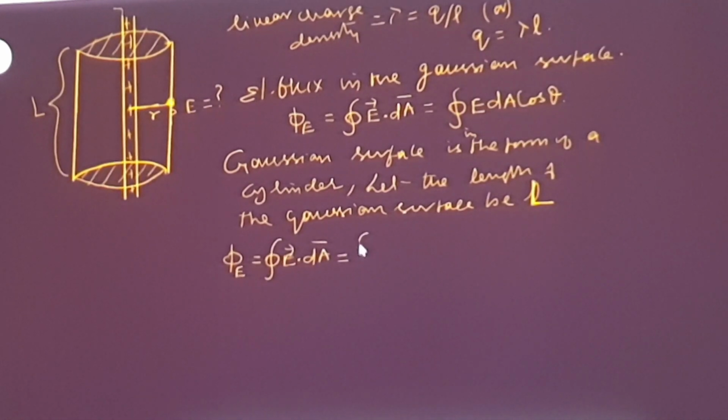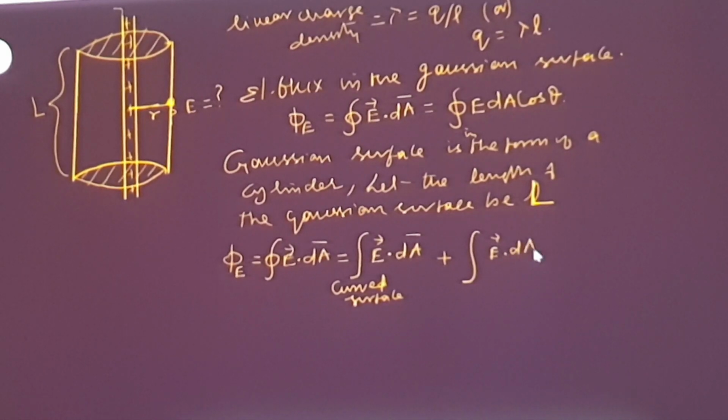So this can be written as the integral of E vector dot dA vector for the curved surface, plus the integral of E vector dot dA vector for the top surface, plus the third one, the integral of E vector dot dA vector for the bottom surface.